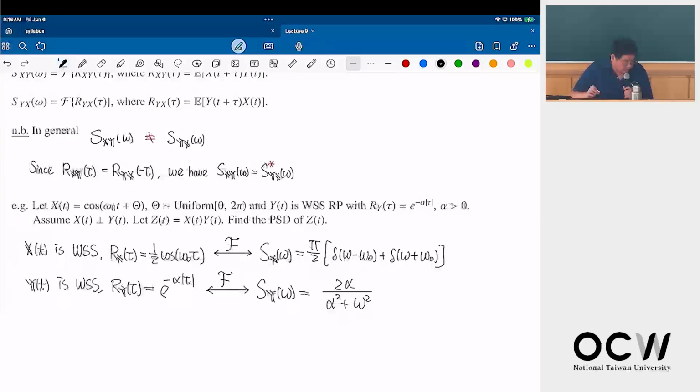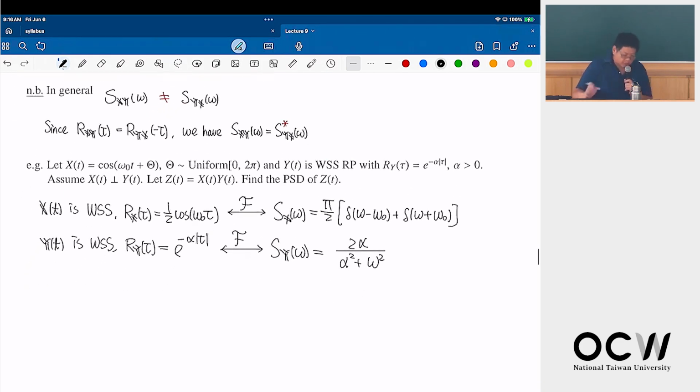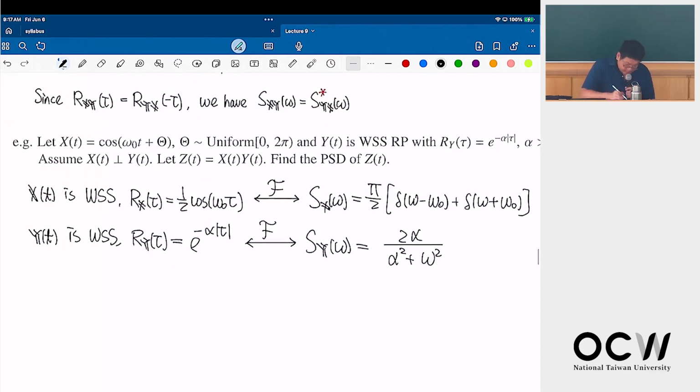Now, to find the power spectrum density of z, we can find the autocorrelation of z first, and then take the Fourier transform. So we need to find the autocorrelation of z, with t1 and t2. That is the expectation of z at t1 times z at t2.